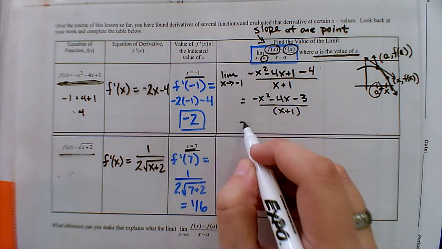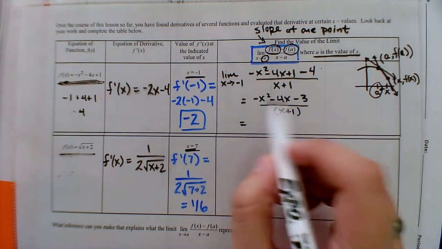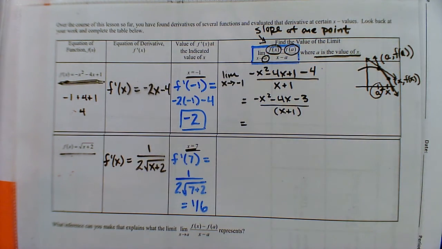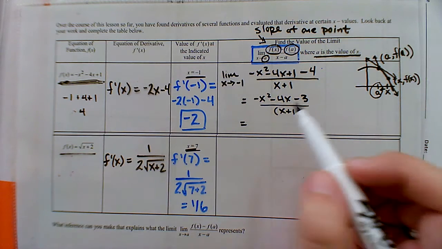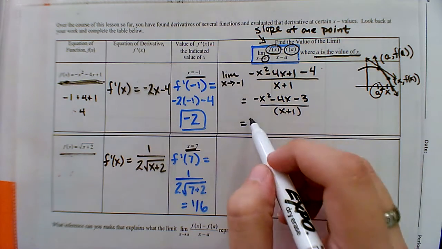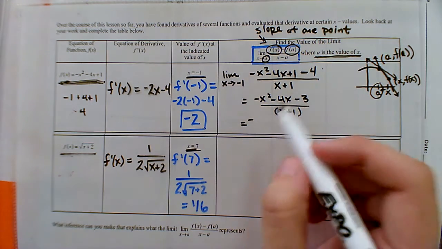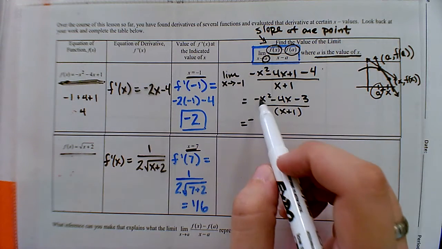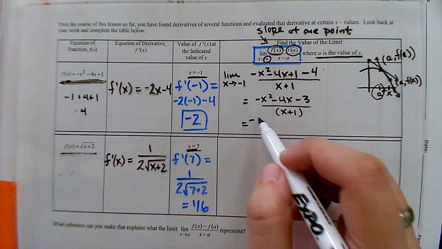Yeah. You could factor the quadratic. Okay, let's go ahead and factor the top. So how do you want to do that? Can we pull a negative out first, maybe? Yes. Okay, so if we pull a negative out, that'll change all the signs to be positive.